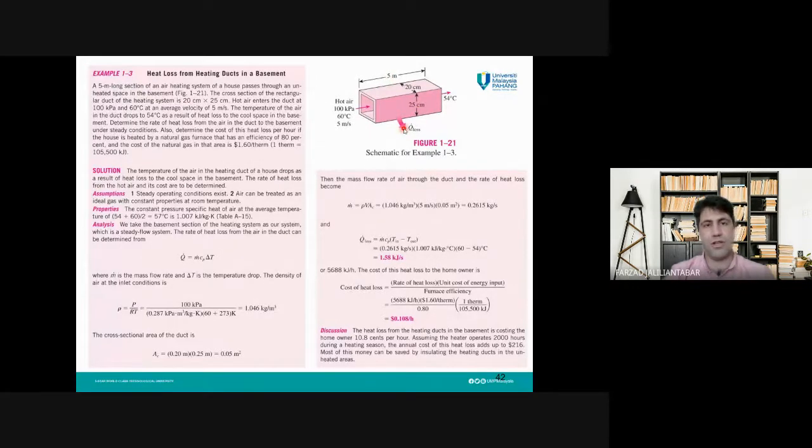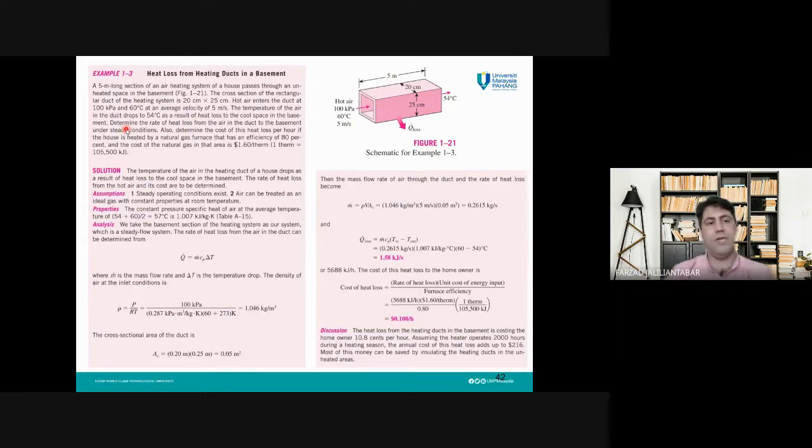Due to this heat transfer process, the temperature of the air at the exit of this duct will be 54 degrees Celsius. So T1, the temperature at entrance, is 60 degrees Celsius, and at the exit is 54. So a 6 degrees Celsius drop in the temperature of the hot air.